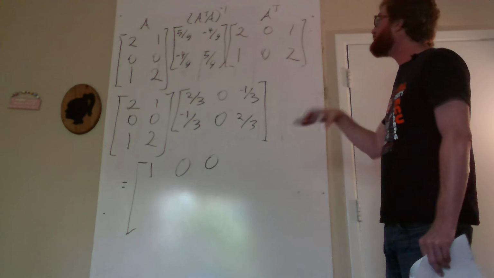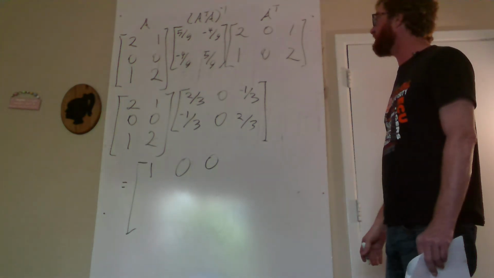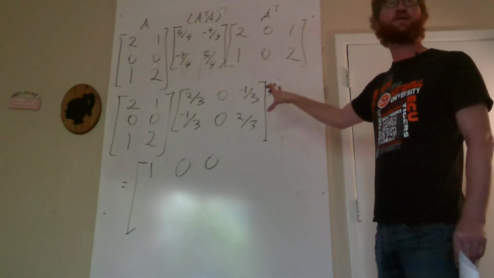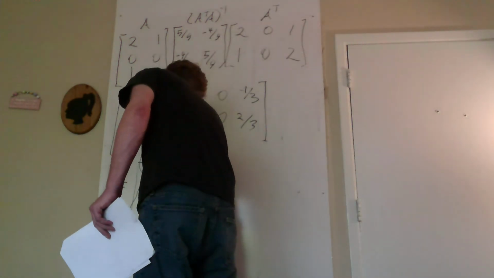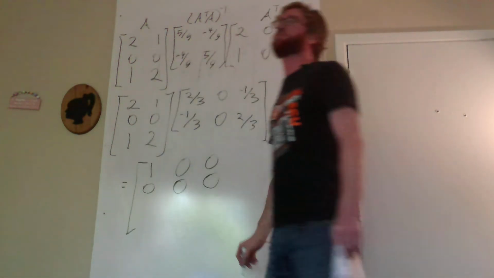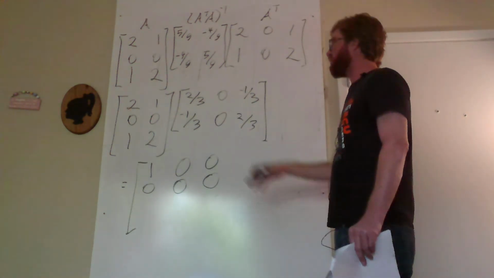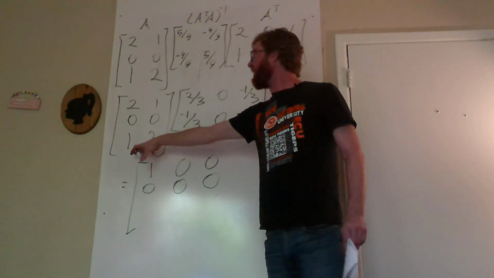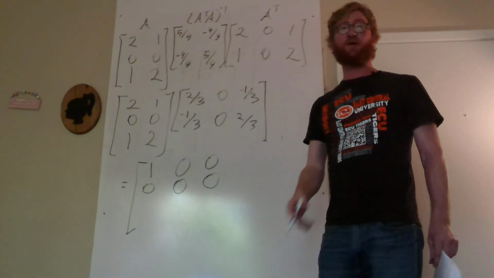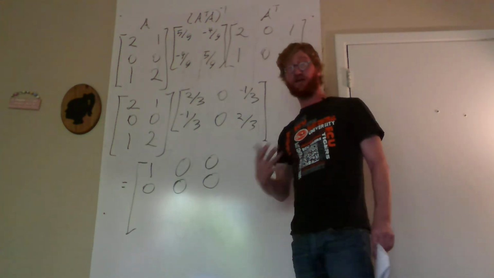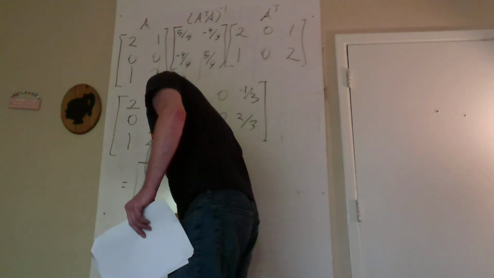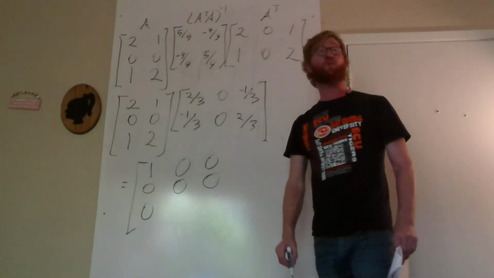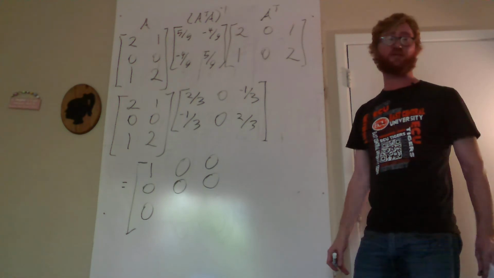0, 0 acting upon any of this stuff is going to just produce zeros. So that would be 0, 0, 0. Now 1, 2 acting upon 2/3 and negative 1/3 becomes 2/3 and negative 2/3, so 2/3 minus 2/3 is going to be 0. 1, 2 acting upon 0, 0 is just going to give us a 0.